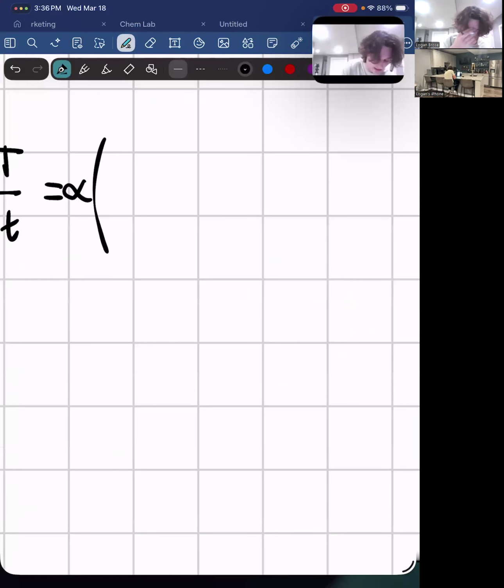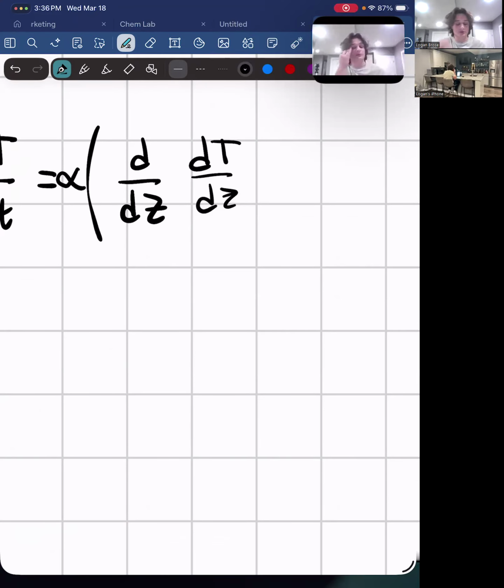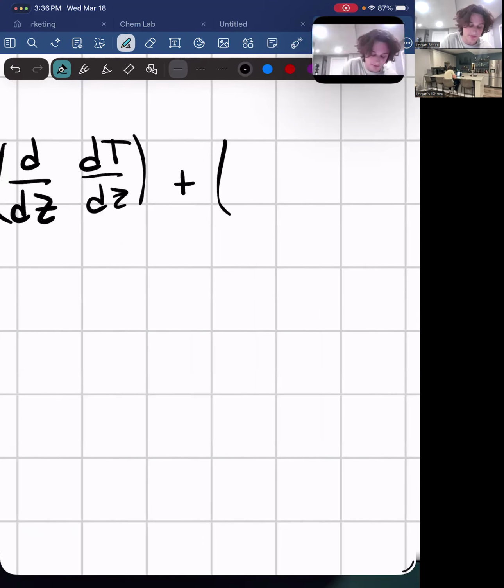So our alpha equals d dz, that's our first term, times, and we cancel out our r, so then times dT dz, our change in temperature or change in position in the z direction, plus our r value, so it's d dr, but we have to divide this whole thing by r.